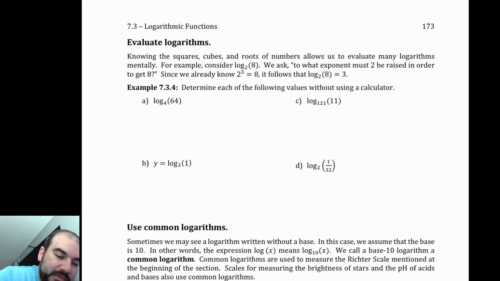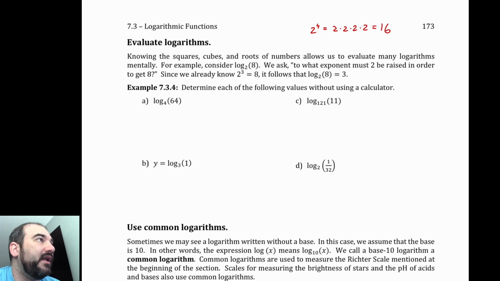The first thing it's going to be useful for, though, is when we actually want to solve or evaluate logarithms. So if the question was something like 2 to the 4th power, we know how to evaluate that. That's just 2 times 2 times 2 times 2, which is 16. Right? We know how to evaluate an exponential expression, but can we evaluate a logarithmic expression?